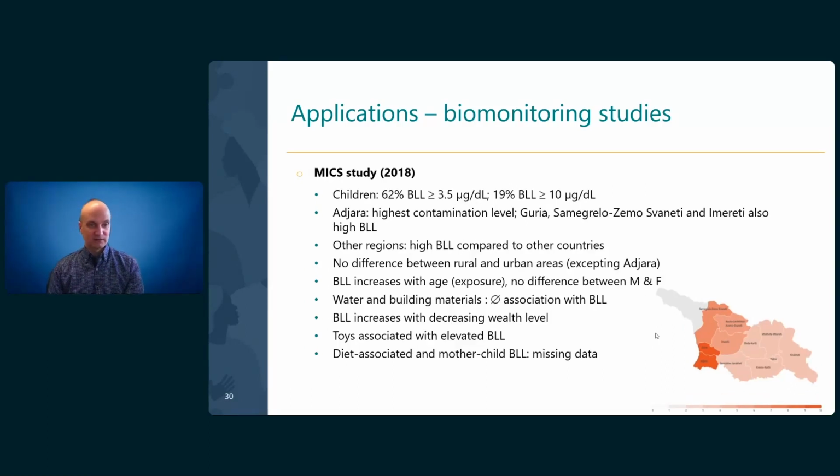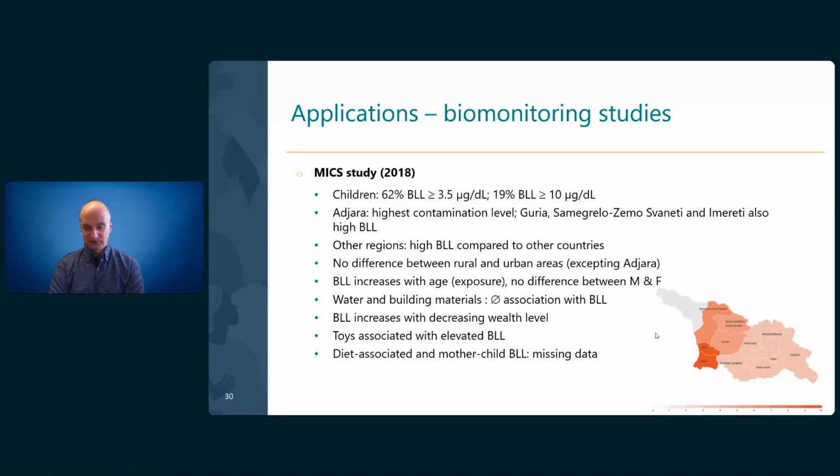For that, we started developing methods. But what this study showed is that 62% of children have a blood lead level higher than 3.5 micrograms per deciliter, and almost 20% higher than 10 micrograms per deciliter, which is quite high.